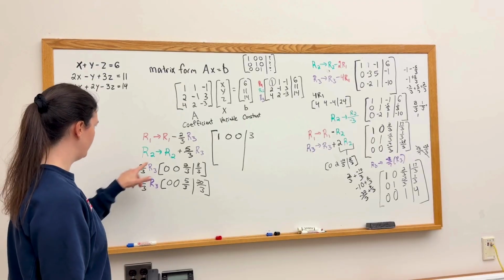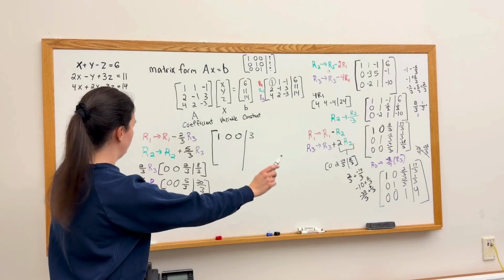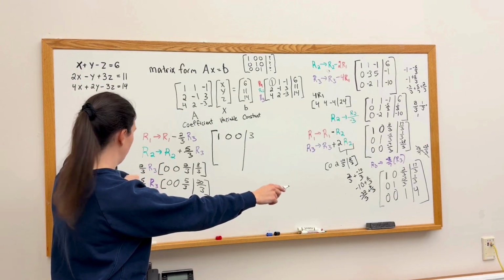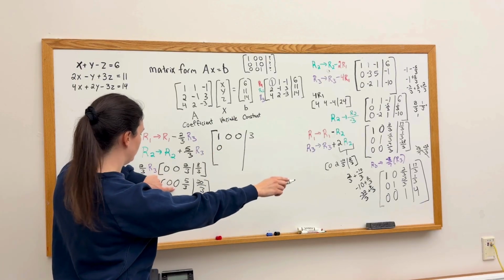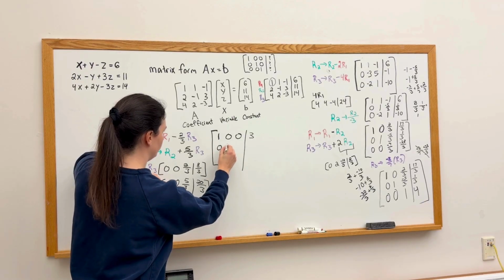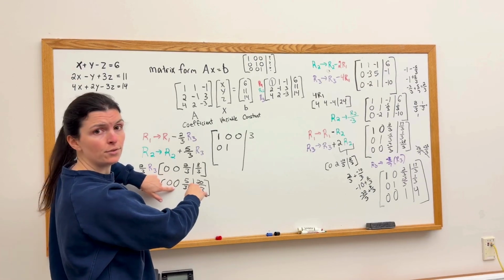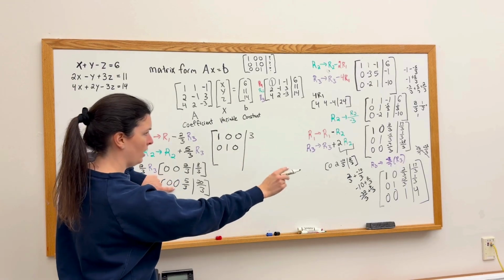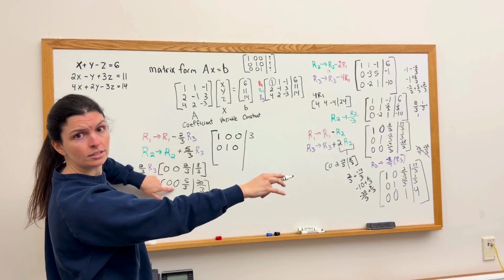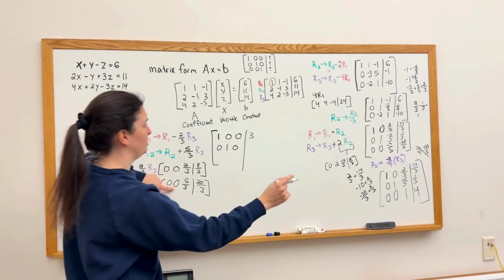Alright, and then let's look at row 2 now. 0 plus 0 is 0. 1 plus 0 is 1. Negative 5 over 3 plus 5 over 3 is 0, which is what we want. And 1 over 3 plus 20 over 3 is 21 over 3, which comes out to a nice even 7.